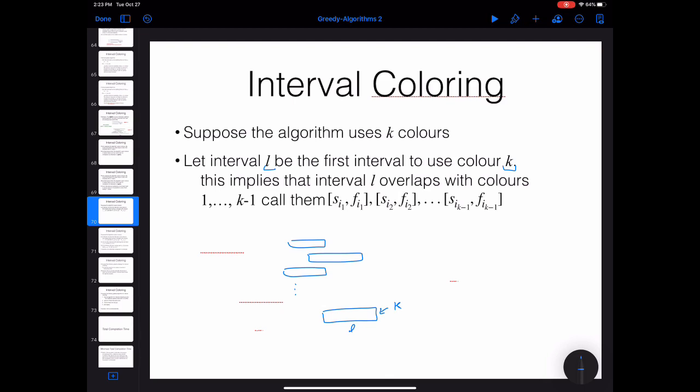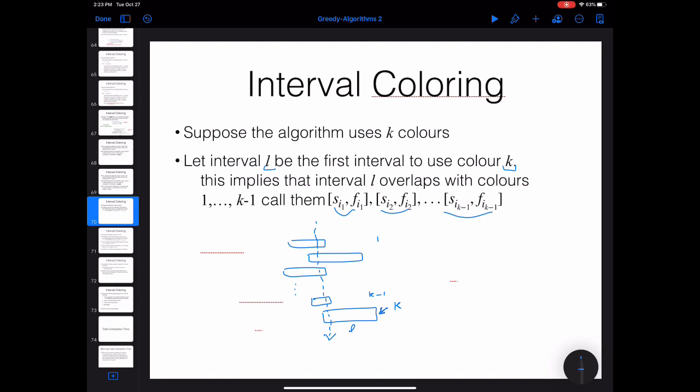If it is using color k, it means that all the colors from 1 to k minus 1 have been assigned to something else, right? And there is some specific time that all of these intervals, from 1 to k minus 1, are running. There is some specific time between the starting and ending times of all the intervals where there is a conflict. That's why I need to use the color k.